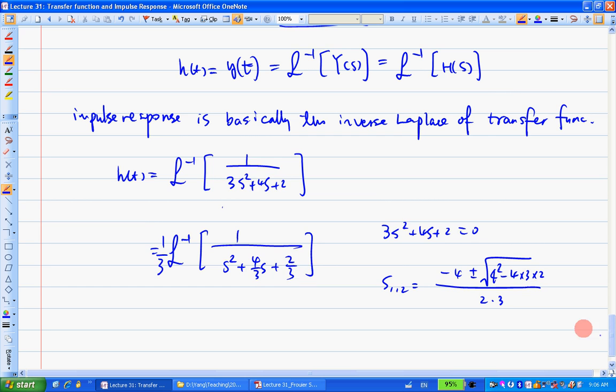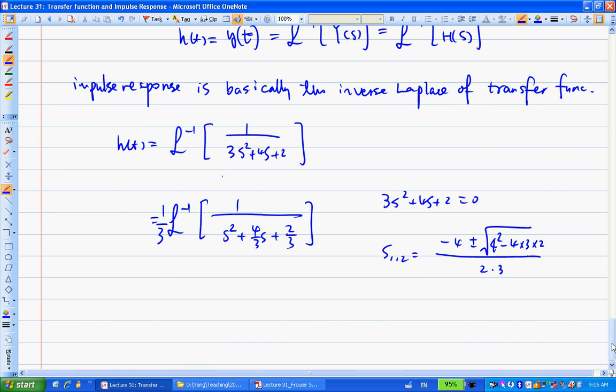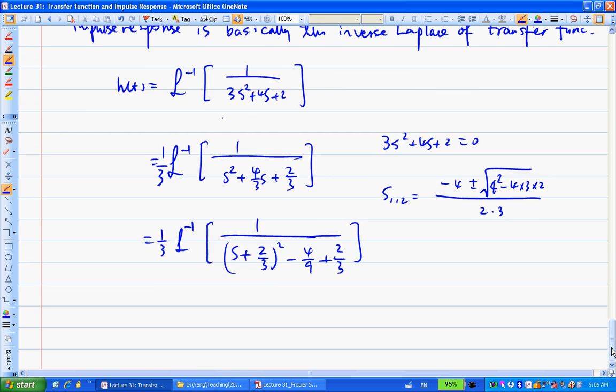Is that right? And then the bottom becomes s plus 2 over 3, squared. Why? Because when I expand this term, I get s squared plus 4 over 3 s back, but then I also get a plus 4 over 9, so I have to subtract 4 over 9 and add 2 over 3.